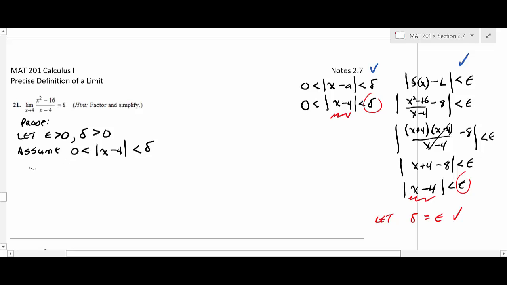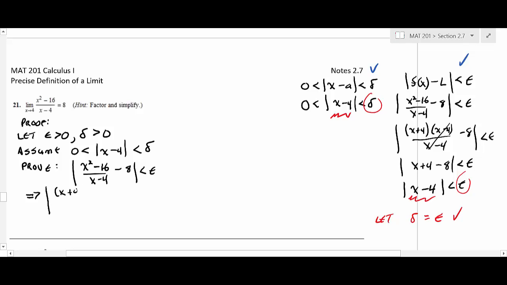So now we're going to establish the connection. We're going to try to prove that the absolute value of (x squared minus 16) over (x minus 4) minus 8 is less than epsilon. And we'll go ahead and do some of the simplification within our proof.